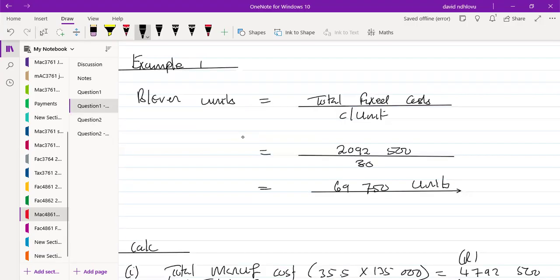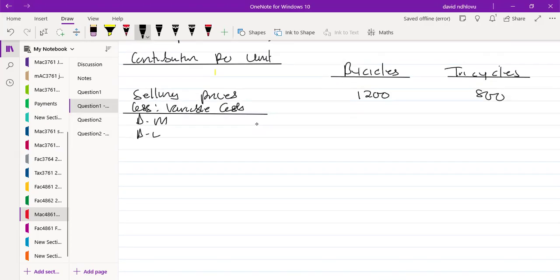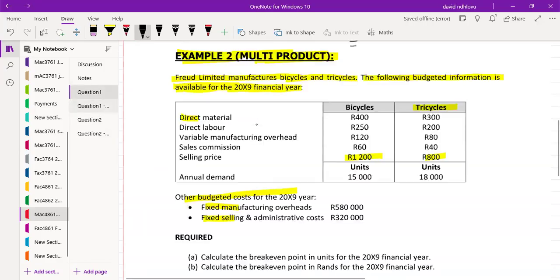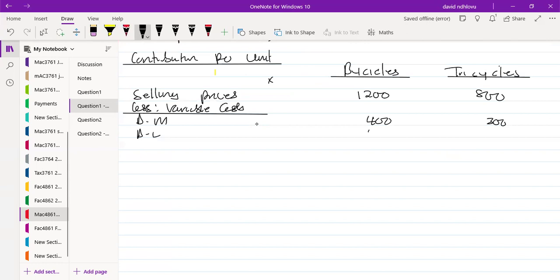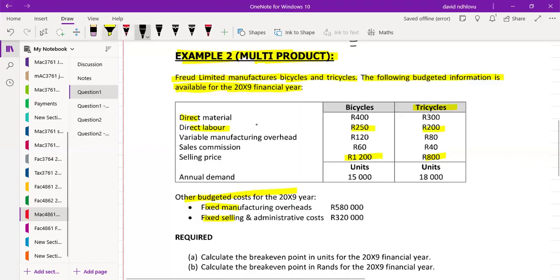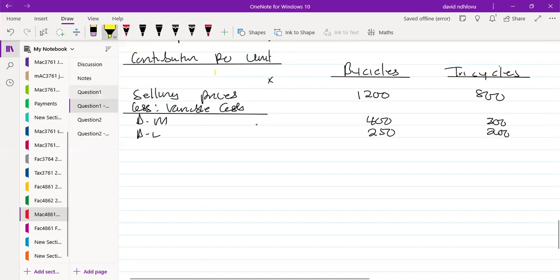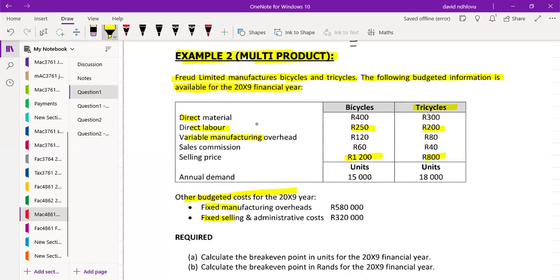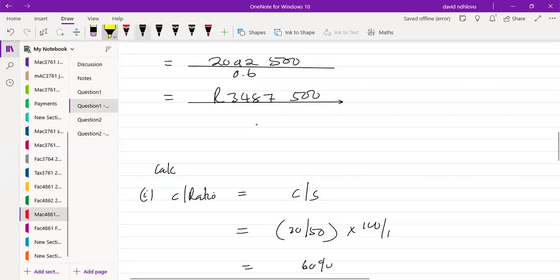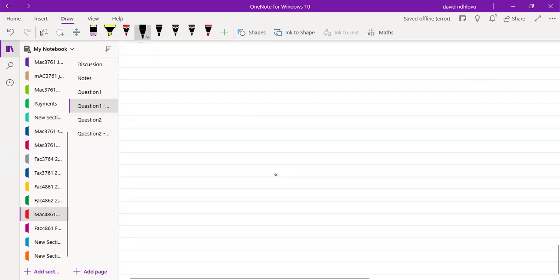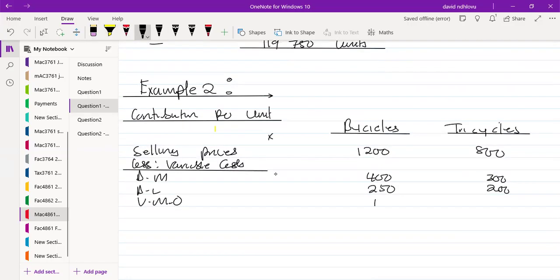So we've got 400 here and 300 there. Then the direct labor, 250 and 200. Then we have the variable manufacturing overhead costs, 120 and 80 rand.